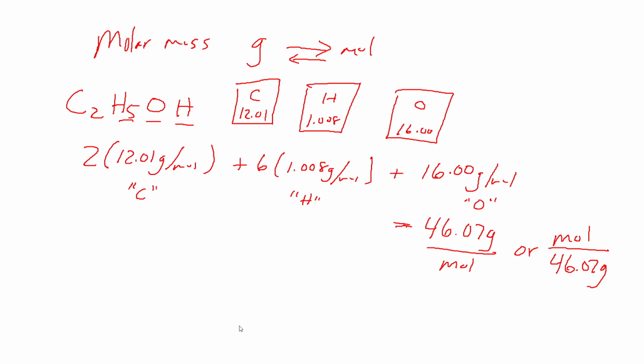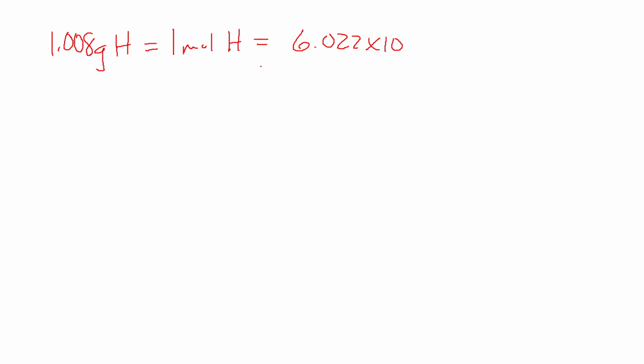How do molar mass and Avogadro's number relate to each other? Well, if you have 1.008 grams of hydrogen, that equals 1 mole of hydrogen. And by the way, 1 mole of hydrogen equals 6.022 times 10 to the 23 atoms of hydrogen. You've got 18.02 grams of water.